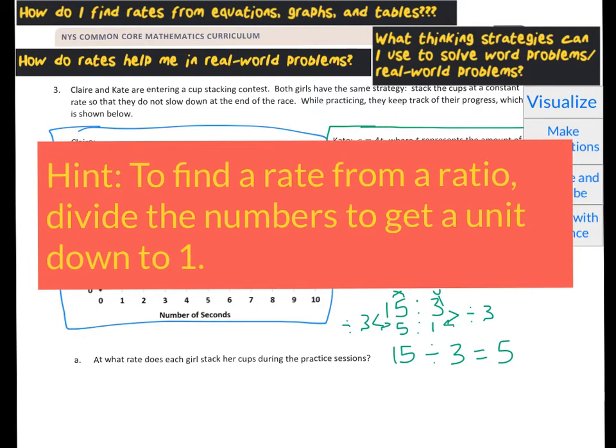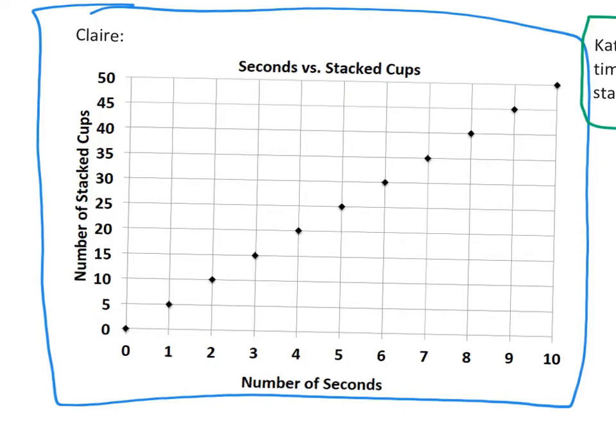So let's look carefully here at Claire's information, and this is seconds versus stacked cups. I want to make sure I read my graph. These numbers are representatives of the number of seconds she's stacking, and these numbers are representative of the number of stacked cups.